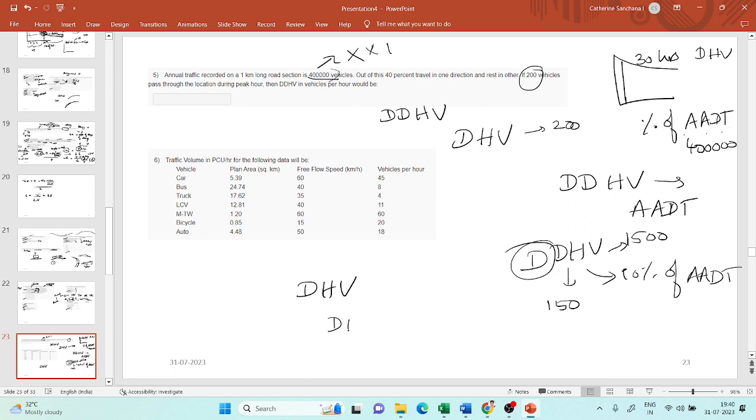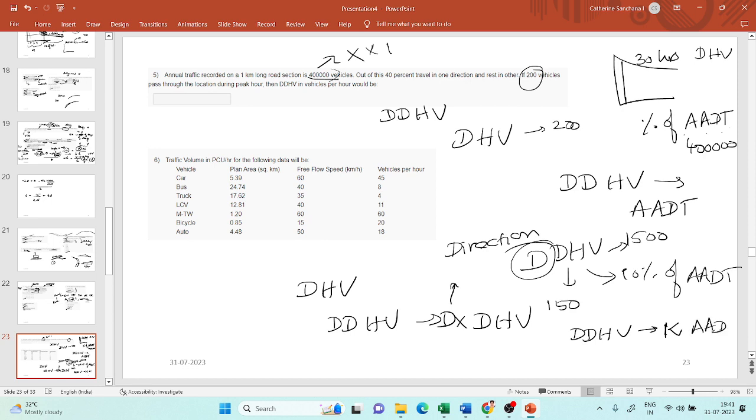So DDHV can be D into DHV, where D is the directional factor, okay, or DDHV can be some percent, say K into AADT into D, where K will tell you how much percentage of AADT is DHV, okay, understood?